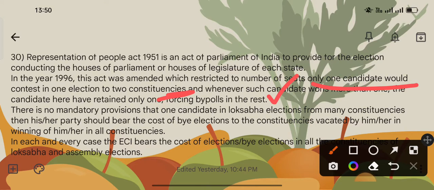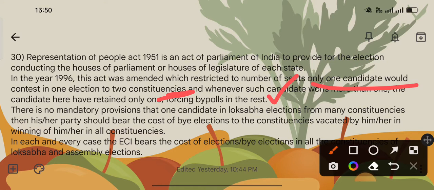And there is no mandatory provision that if a candidate contests Lok Sabha elections from many constituencies, then his or her party should bear the cost of by-elections to the constituencies vacated by him or her.